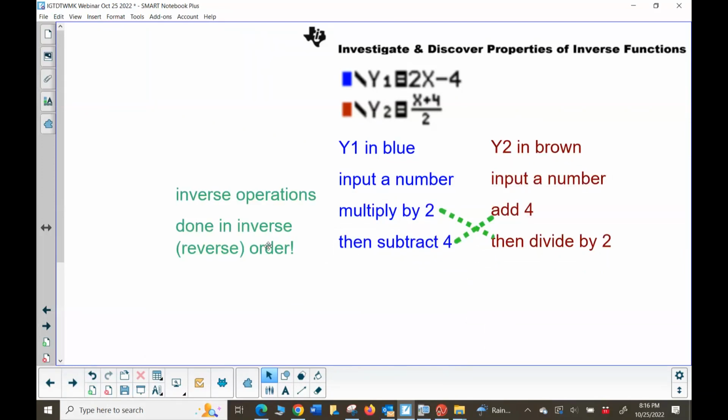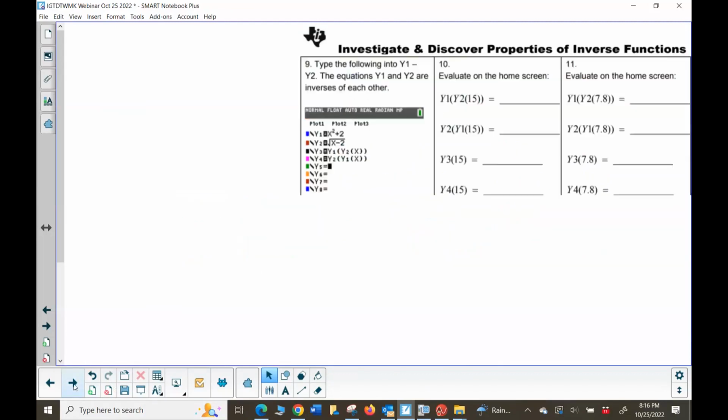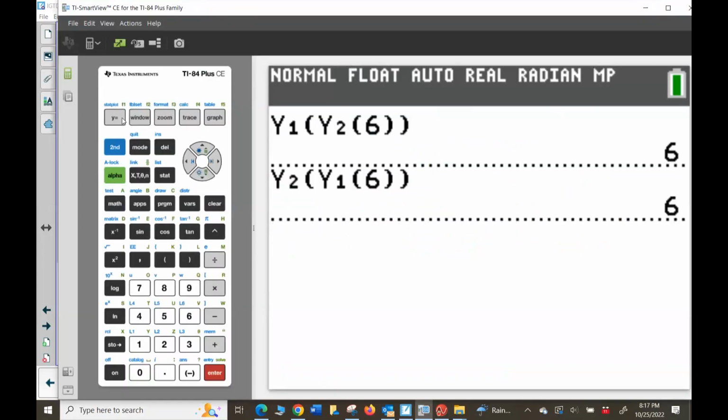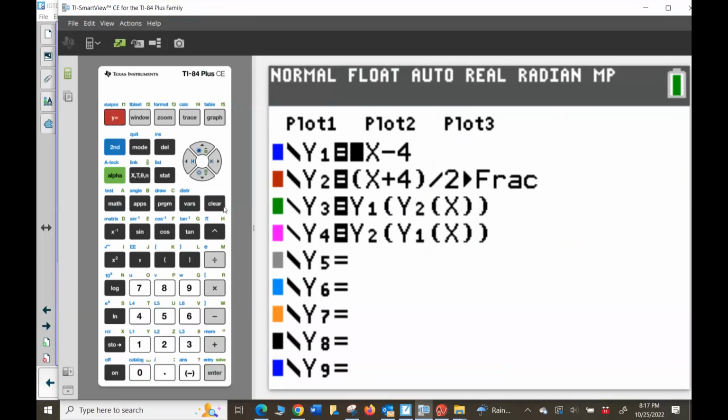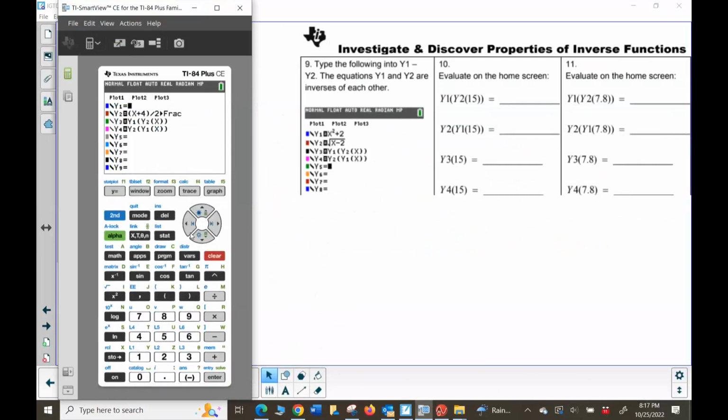So I think it's another good thing to bring up to students so they can see that graphically, in a table, when I did y1 of y2, all those things I think need to play in here to talk about inverses. Similarly, we could also look at x squared plus 2 and the square root of x minus 2. So let me go back to this, and I'm going to go ahead and clear out what's there. Let me make this a little smaller at first.